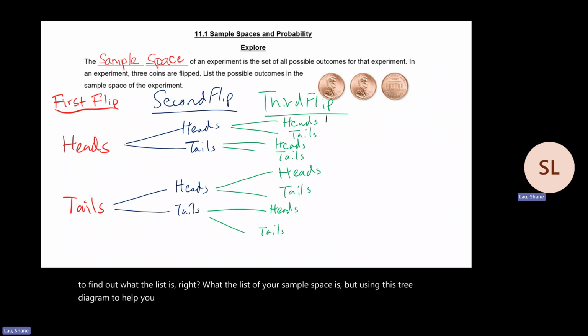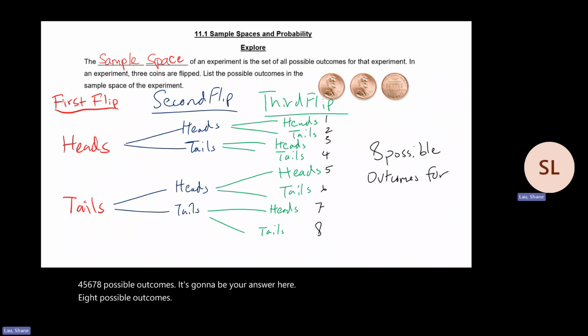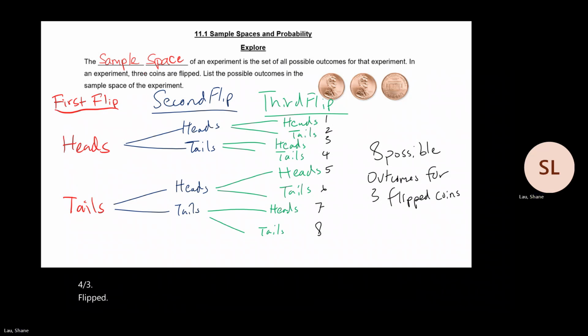So I have 1 possibility, 2, 3, 4, 5, 6, 7, 8 possible outcomes. That's our answer: 8 possible outcomes for 3 flipped coins. 3 flipped coins has 8 possible outcomes here.